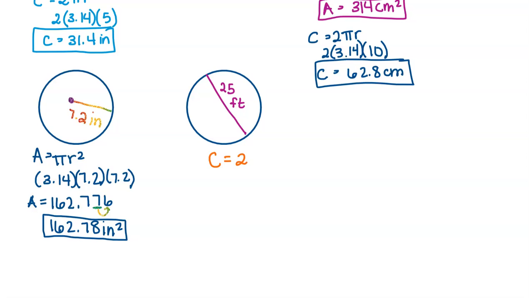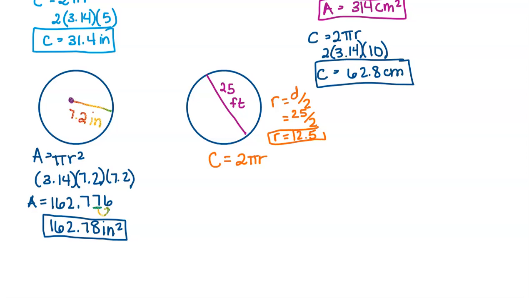Circumference equals 2 times pi times the radius. But the first thing we have to do is find the radius. Remember, radius equals diameter divided by 2. Our diameter is 25, so this is 25 divided by 2, and I got 12.5. Hopefully you got that too.